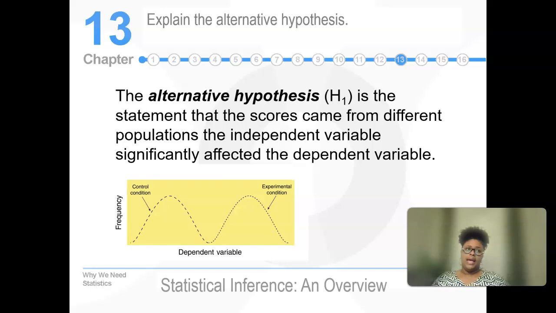We may be looking at freshmen versus seniors in academic excellence. Okay, so I may have one H0, and then I may have an alternative hypothesis to the significance, and then there is a significance. So no, there is no significance, and alternative, there is a significance.